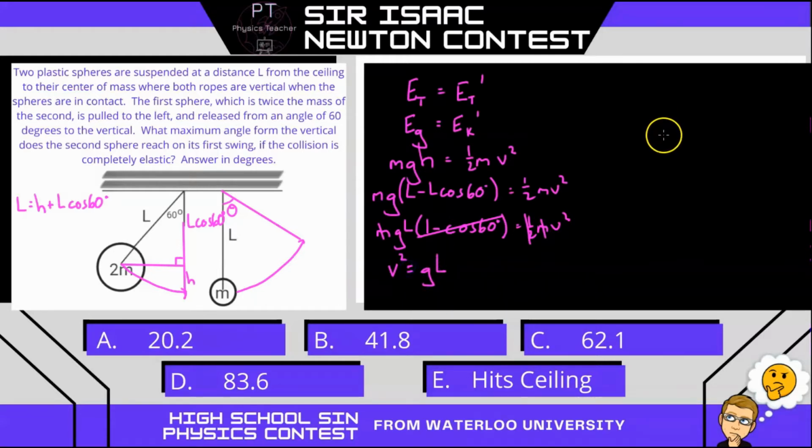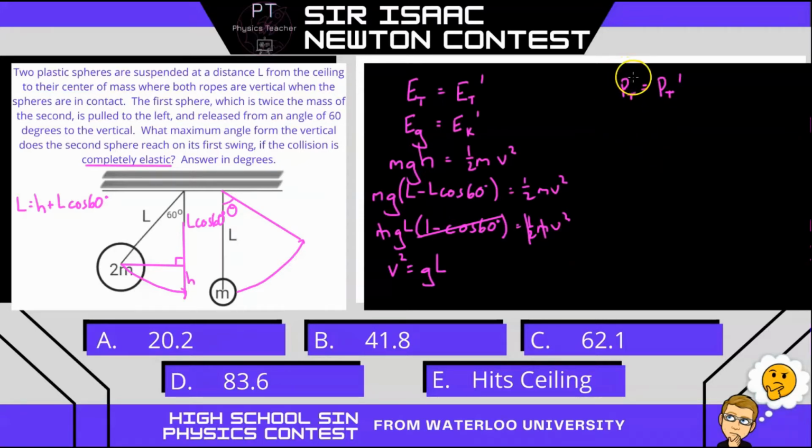Okay, now moving on, it is going to hit, and it is going to hit in a completely elastic collision. So momentum is conserved, and we have no loss of energy, so kinetic energy will also be conserved. Let's start with momentum. Conservation means total momentum before the collision equals total momentum after the collision.